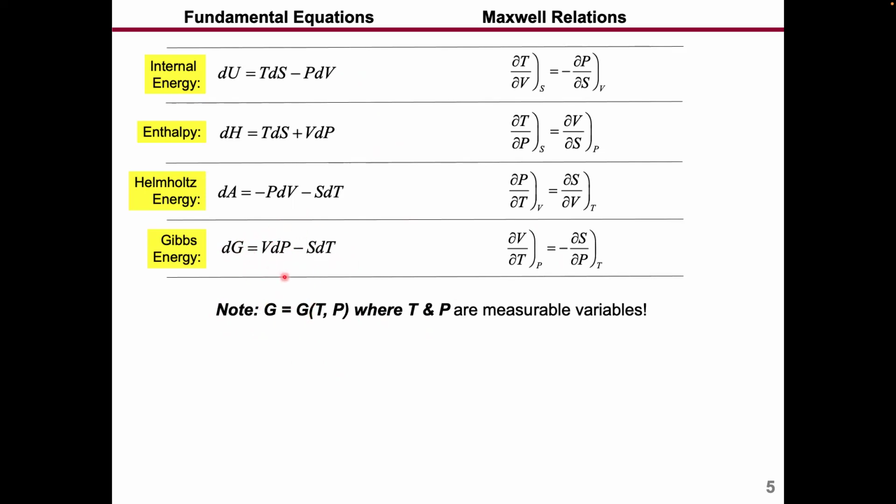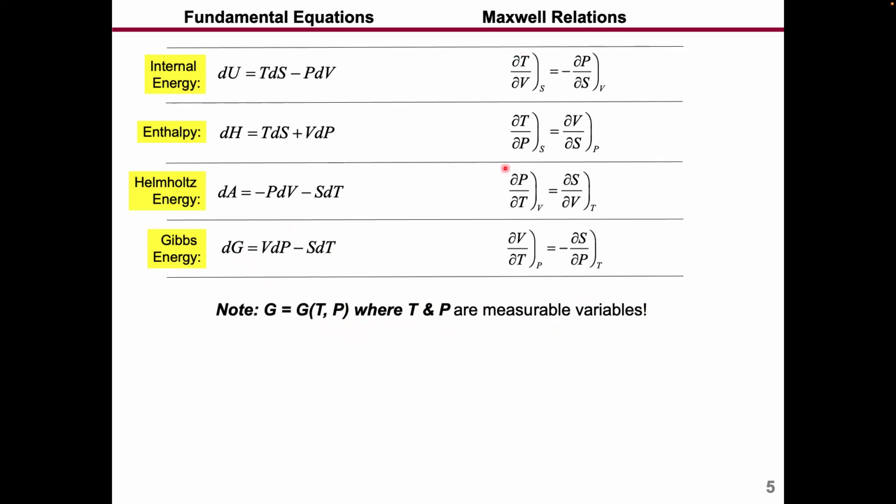So in the end, G is going to be a function of T and P, if you know V and S. Temperature and pressure are measurable variables. You can use a thermometer to measure temperature and a pressure gauge to measure pressure easily. This way, we can quickly calculate G.